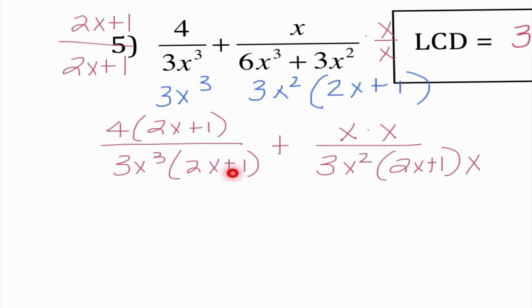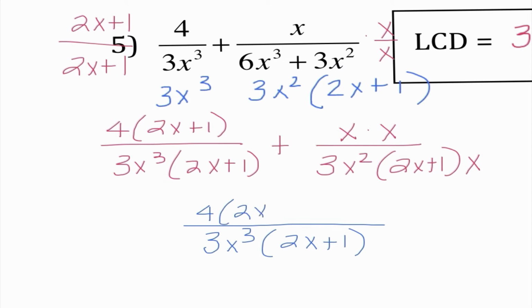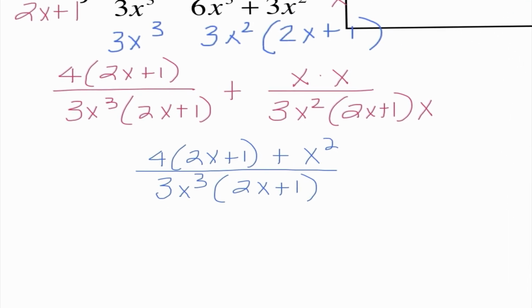The first thing I notice is that these are exactly the same, so I can write that as 3x cubed times 2x plus 1. Now I really am going to add them together, so I'm going to say 4 times 2x plus 1 plus x squared, because we know x times x is x squared.